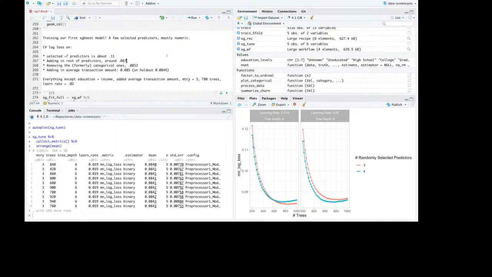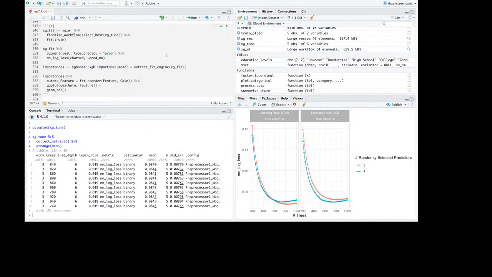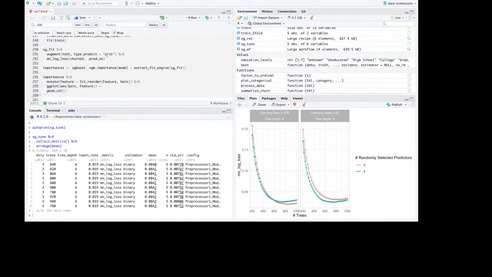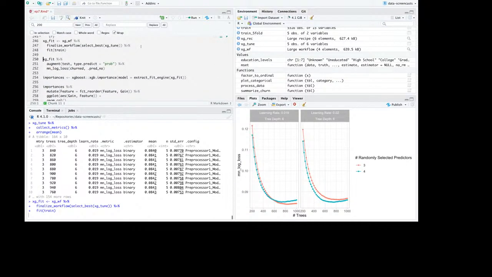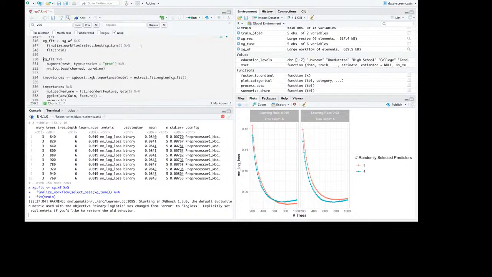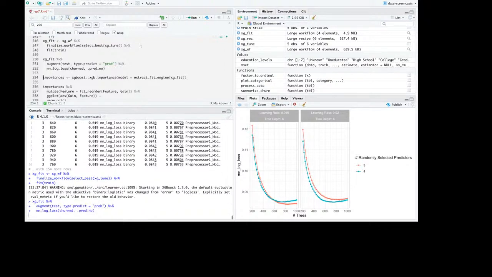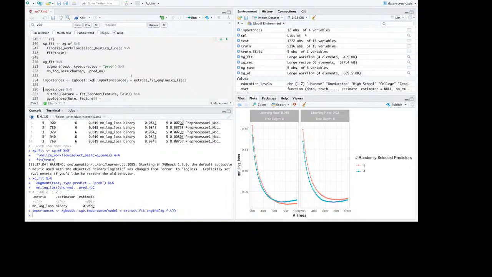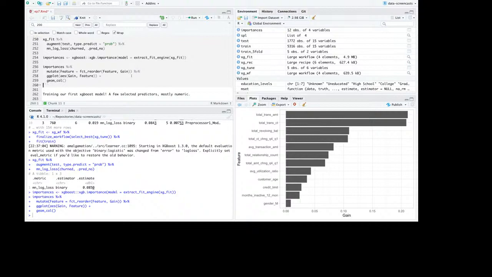So 0.084, and I do need to start, 200 trees is too many. It's making it harder to tell where things go well. Let me see. Oh, but I do need to create this graph before I do anything else. This importance graph.